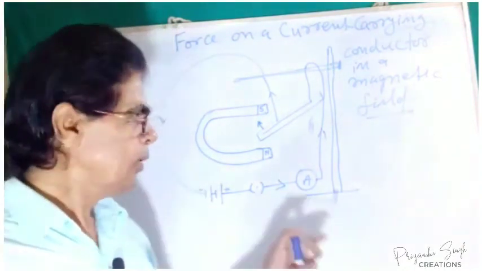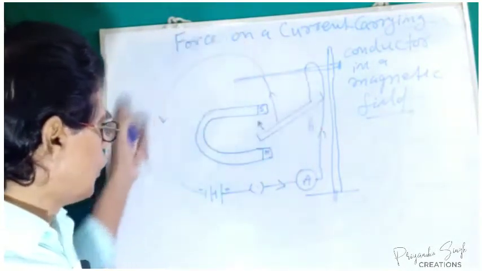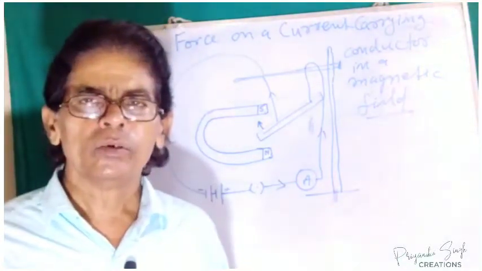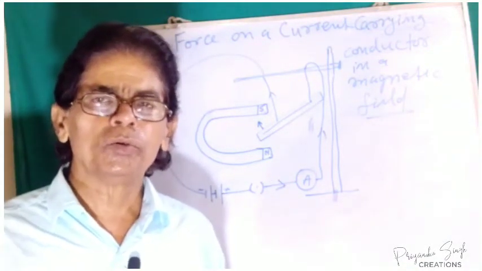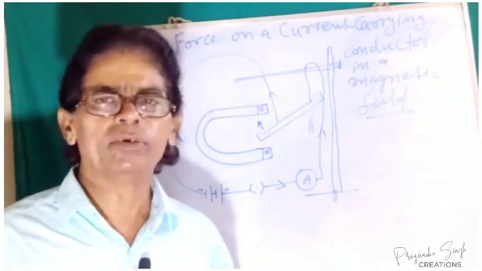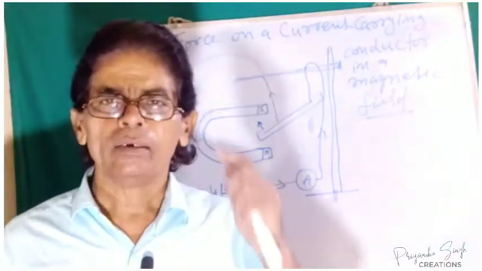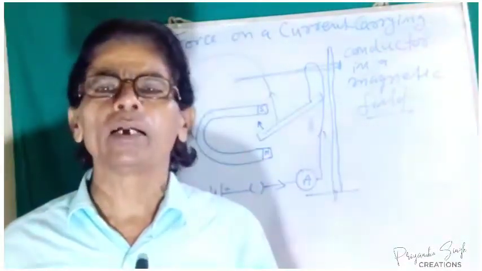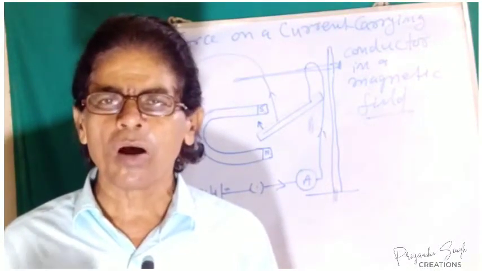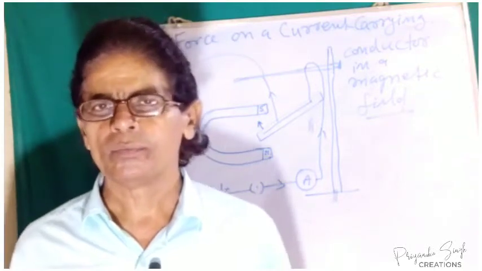Means if current is passing from left to right, the deflection is opposite to the direction when it is right to left. Means after changing the direction of electric current in the conductor, the direction of deflection is also reversed.